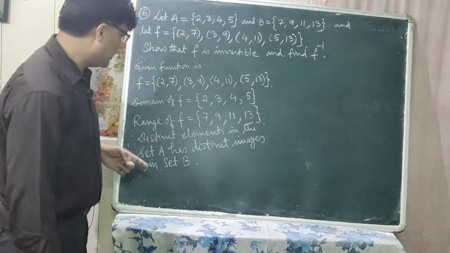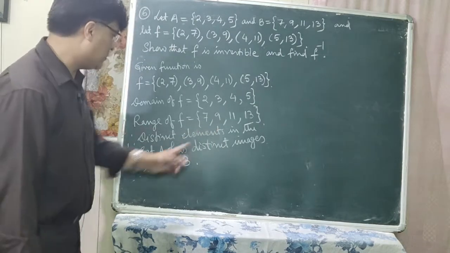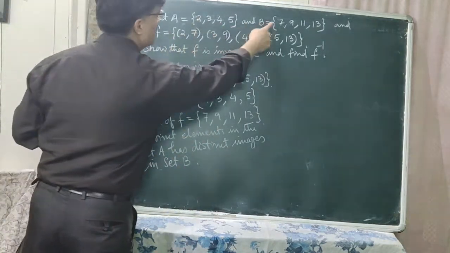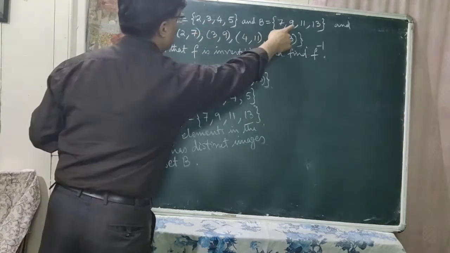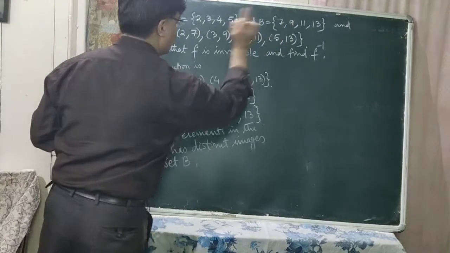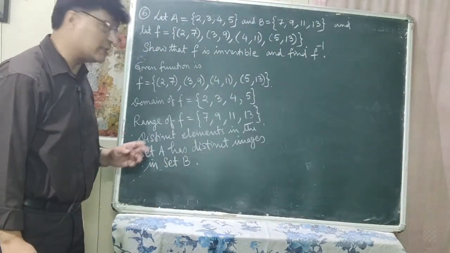So here we see that distinct elements in the set A have distinct images in set B. That is, 2 is related with 7, 3 is related with 9, 4 is related with 11, and 5 is related with 13.